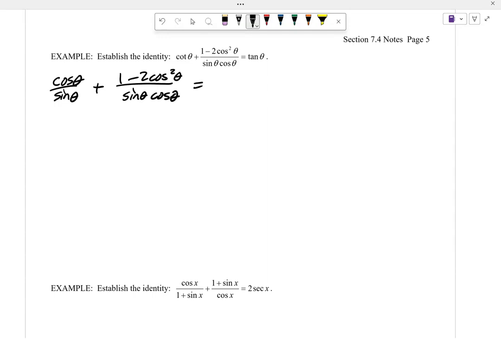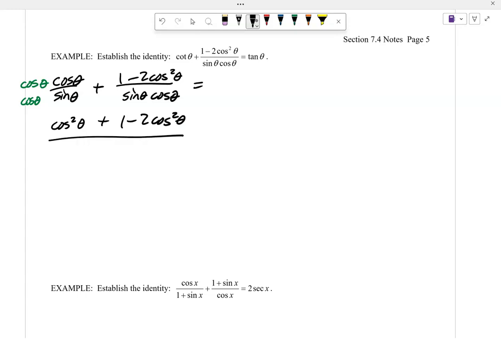And what we're going to do is get a common denominator. So notice we have a sine and a cosine right there. But on the left-hand side, we just have a sine. So we need to give it a cosine, top and bottom. Okay, so what we got is a cosine squared plus 1 minus 2 cosine squared.